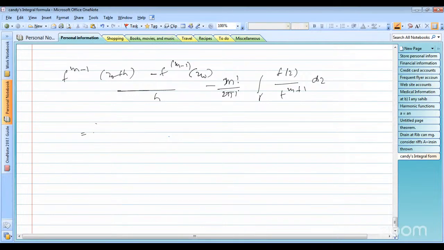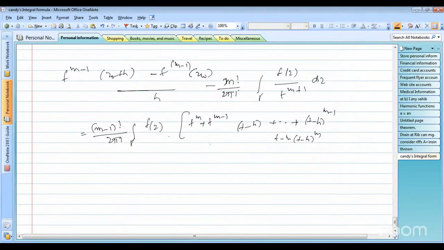So we are writing (m-1)!/(2πi) times the integral over gamma of f(z) times [t^m plus t^(m-1)(t-h) plus ... plus (t-h)^(m-1) t minus m(t-h)^m], divided by t^(m+1)(t-h)^m, dt.